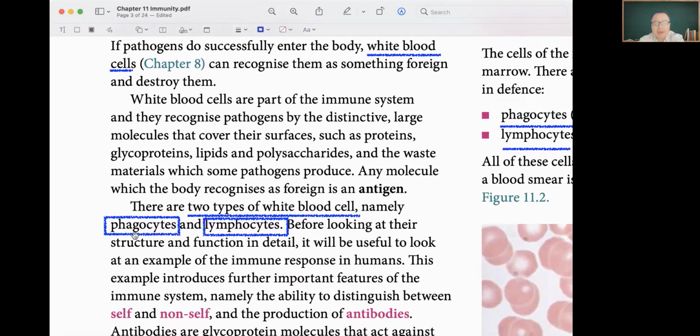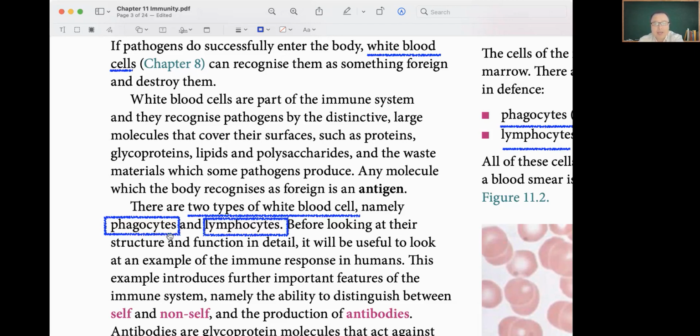Phagocytes. Phag in Chinese means to eat, 吃. Now you can see this word, phagocyte. Phag means to eat, and cyte means cell. So phagocyte means a cell with the ability of eating something external or something foreign.